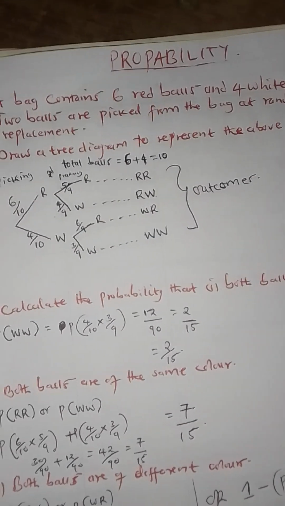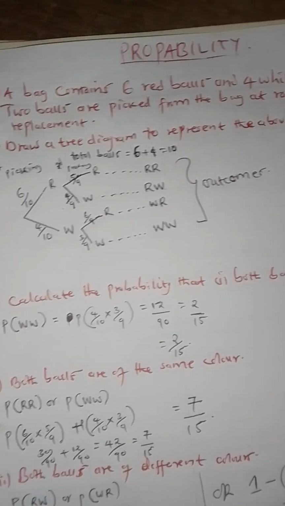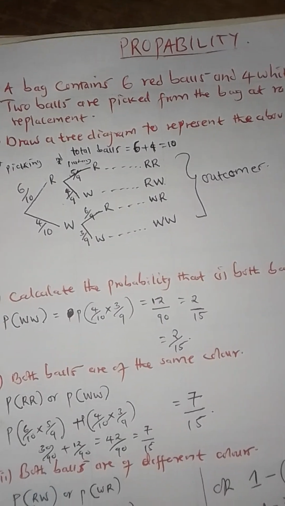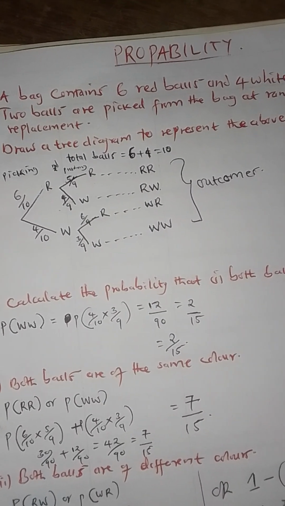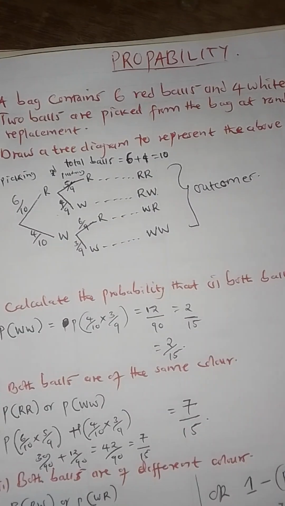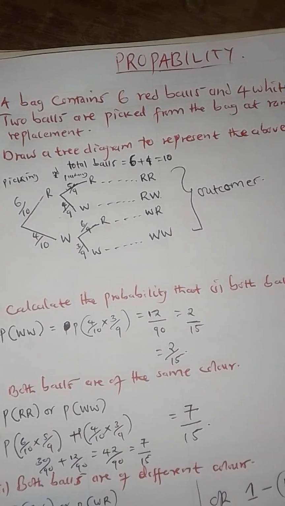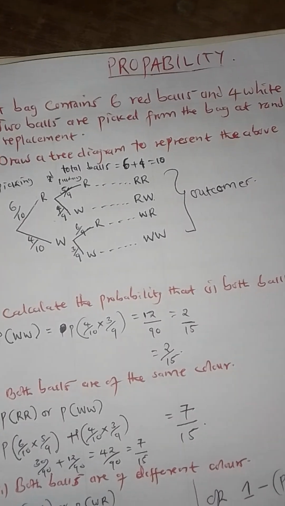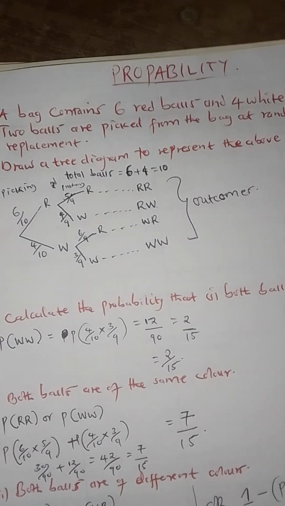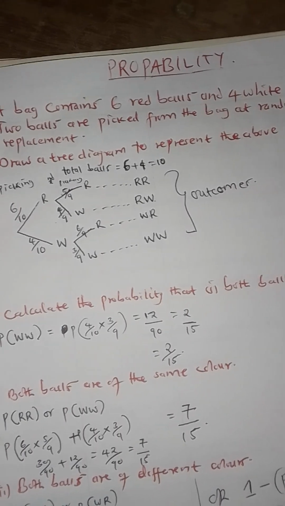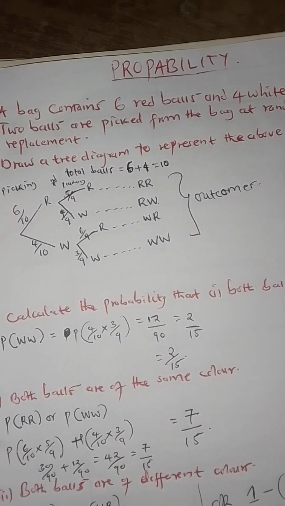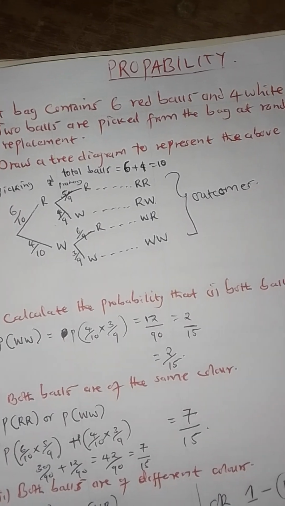In the second picking, if we pick the red ball, it means that the number of red balls in that bag reduced from 6 to 5, and the total number of balls also reduced from 10 to 9. Therefore, the probability of picking the red ball is 5 over 9.